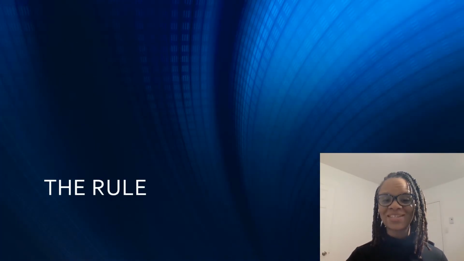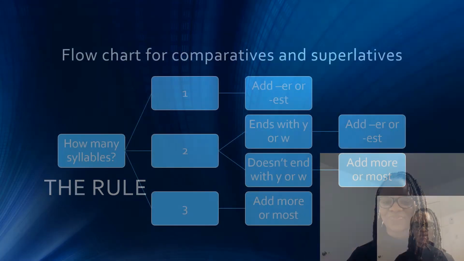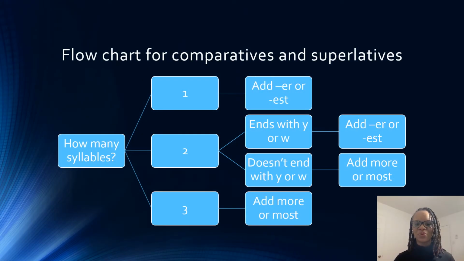So what is the rule for using ER and EST or more and most? Let's find out. The first thing we must consider is how many syllables do we have in the word? If there is one syllable, it's pretty simple. We always add ER or EST. However, if there are two syllables in the word, it gets a little bit more complicated.